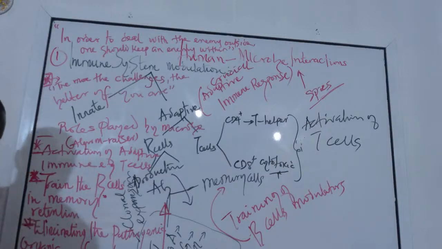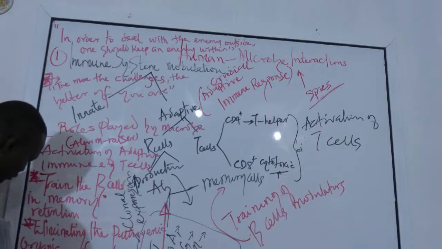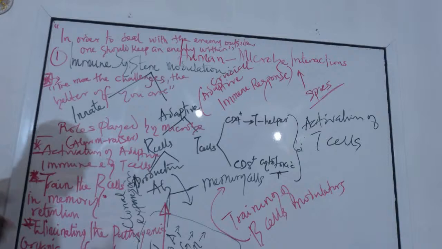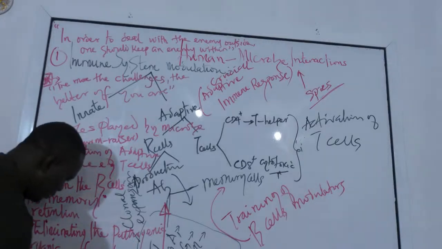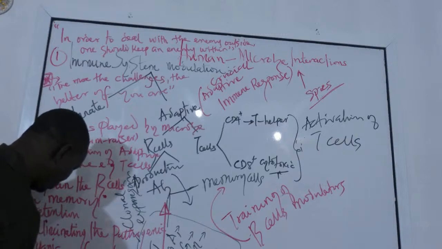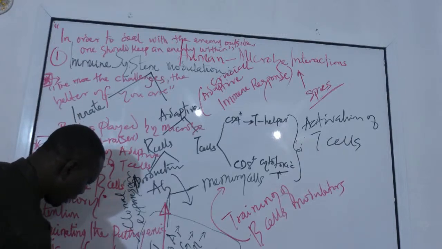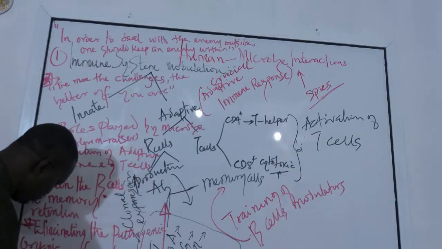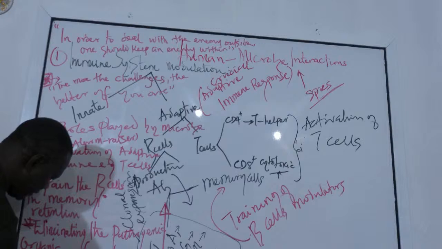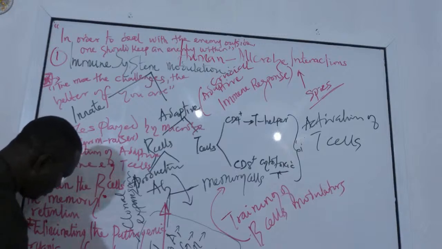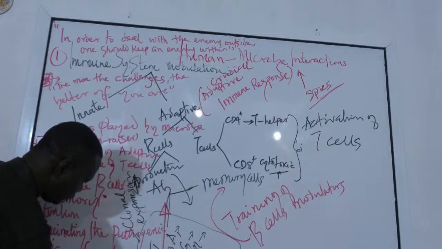So the fourth role, apart from being a pathogen eliminator, or apart from collaborating with the immunological apparatus of the human host, is that they will now restore, after the enemy must have been severely dealt with, the immunological competence, the immunological status of the system.